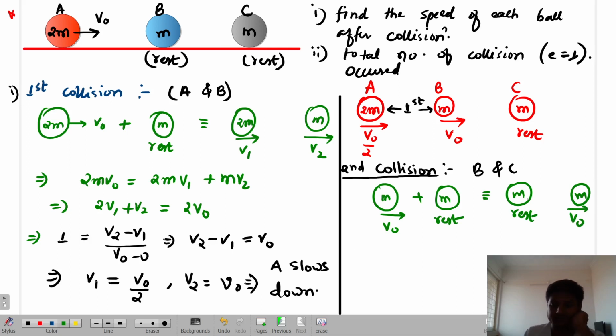So this is the consideration of the second collision. So B becomes at rest while C starts to move with velocity how much?